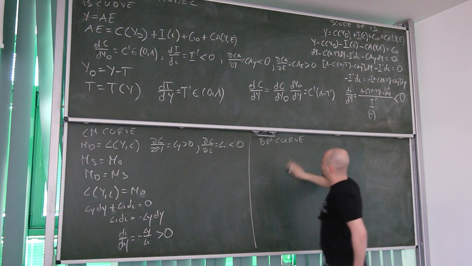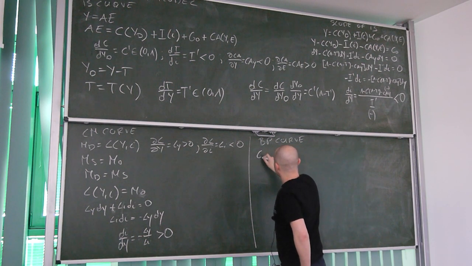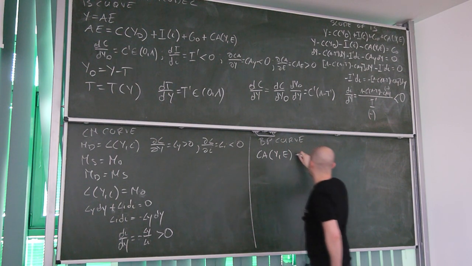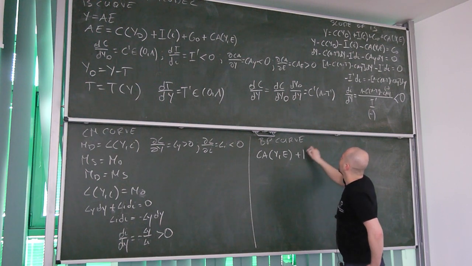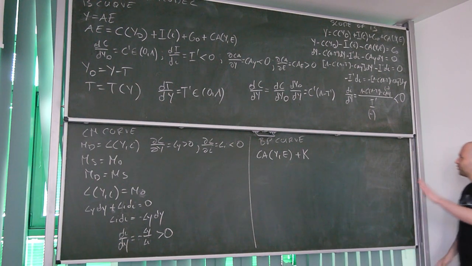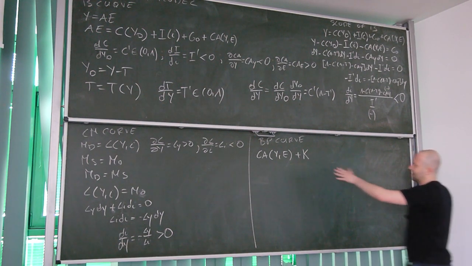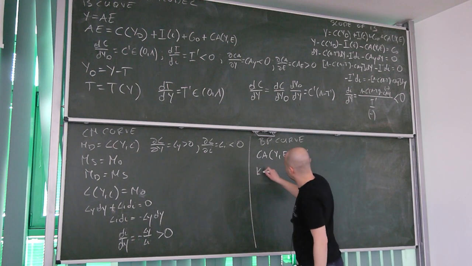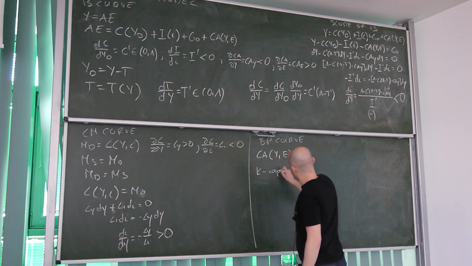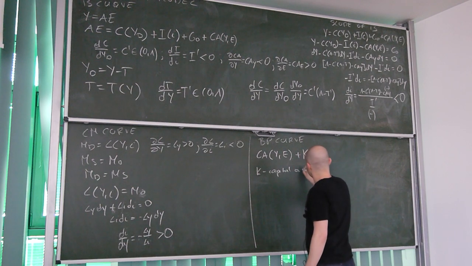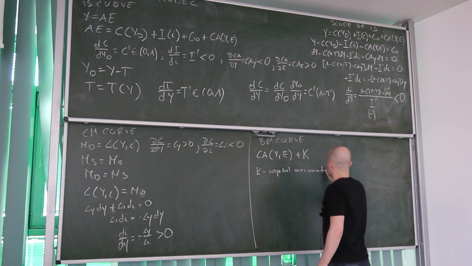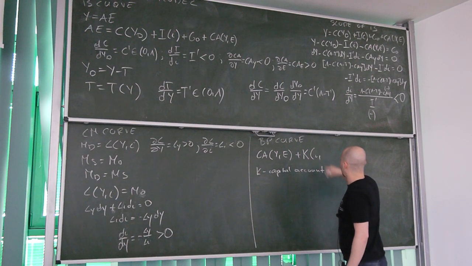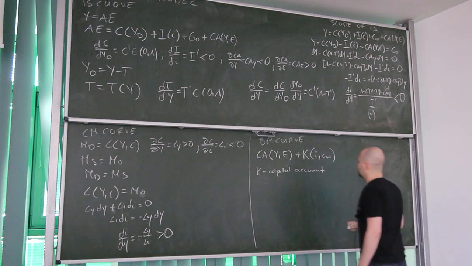Okay, here in the BP curve, we have the current account as a function of income and exchange rate, plus the capital account. We will be denoting the capital account simply by K. And this is a function of the domestic interest rate and the interest rate in the rest of the world.